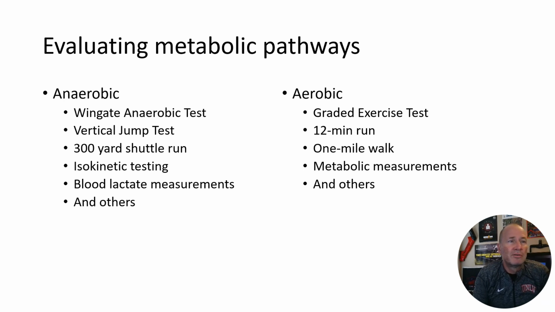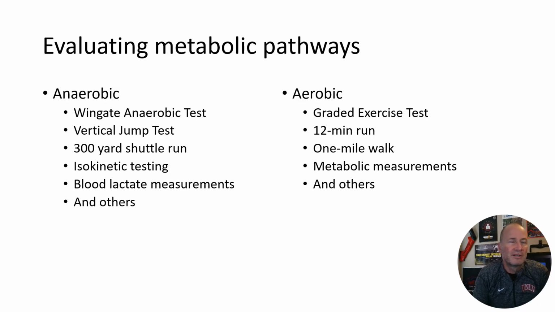We also have tests to determine how active the aerobic pathway is by looking at a graded exercise test. I'm going to talk about that in a second. A 12-minute run is very common. Step tests for time or keeping a cadence is another one. A 1-mile walk is a way to evaluate the aerobic pathway. We're often looking to measure metabolic measurements like how much oxygen is being used or how much carbon dioxide is being exhaled.